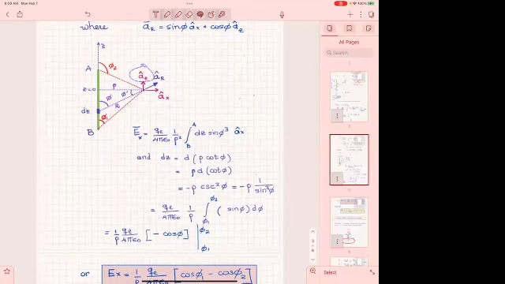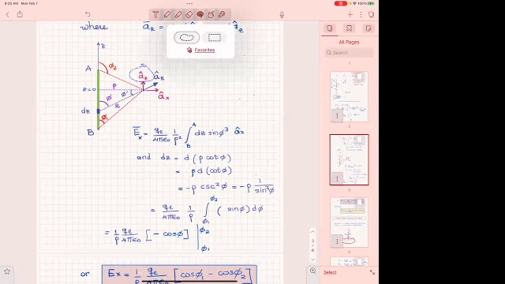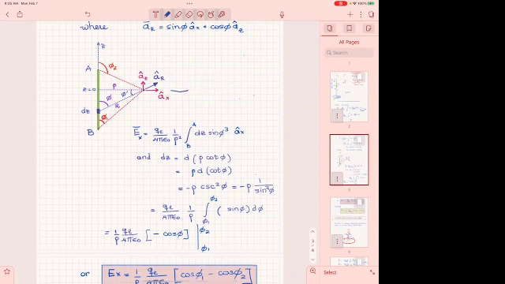Okay, so I will solve for the a sub x. First of all, a sub x component is along this direction. Sorry, this one is the x direction. All right, so now I will find this component of the electric field.